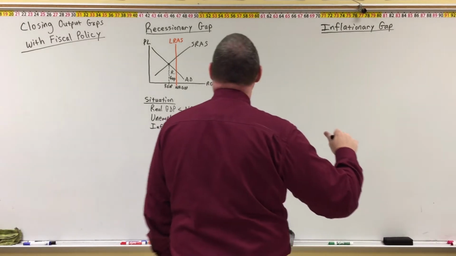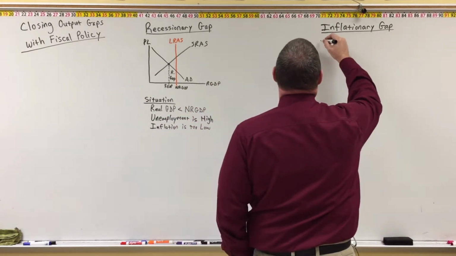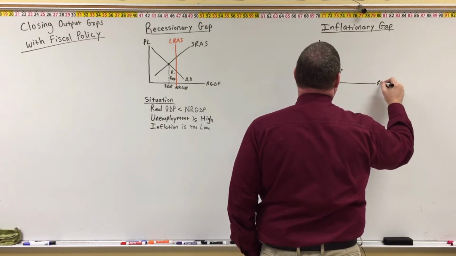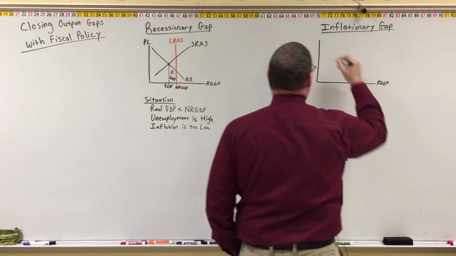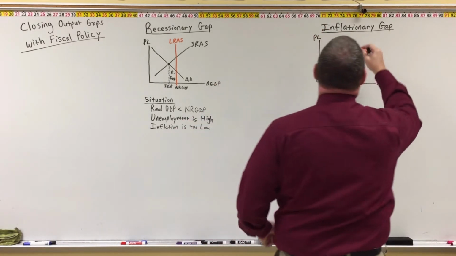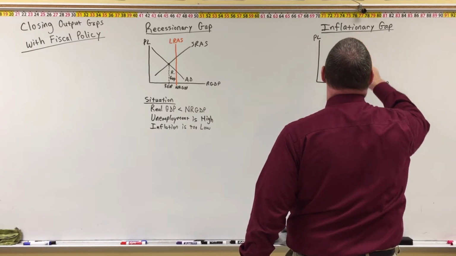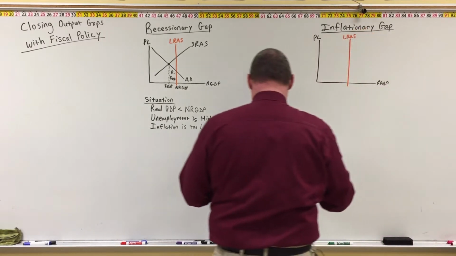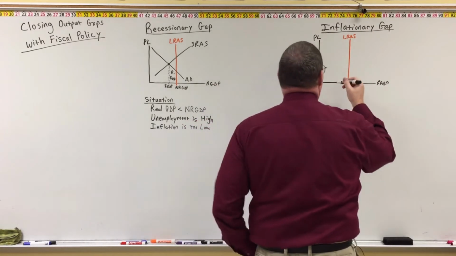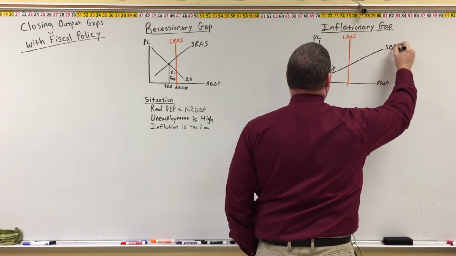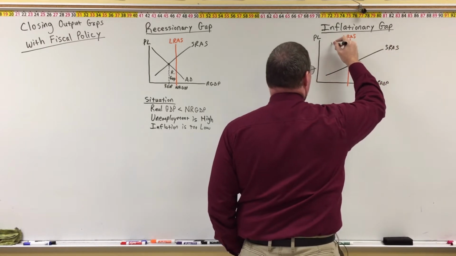All right, let's come over here to the inflationary gap and look at that situation. So we have real GDP on the horizontal, price level on the vertical. Put in a long-run aggregate supply curve here, and then we'll put in a short-run aggregate supply curve and an aggregate demand curve.